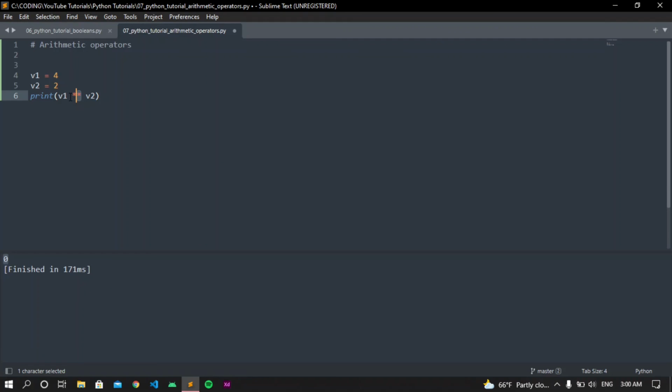It's like I'm saying 4 to the power of 2, which is equal to 16, I believe. Yes, this is how we refer to the power of something, and it does equal 16.